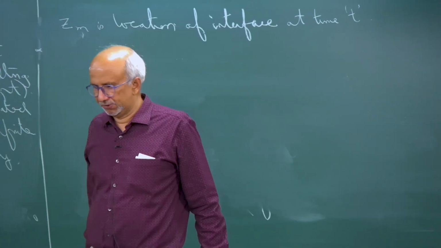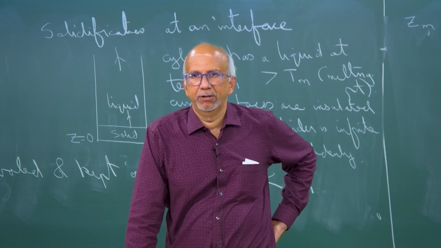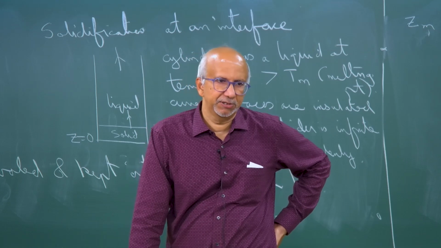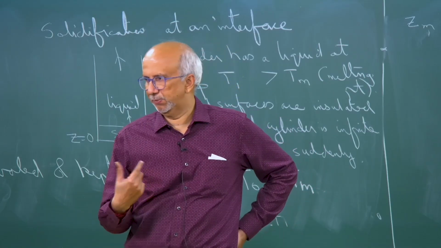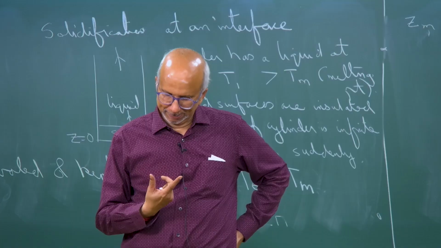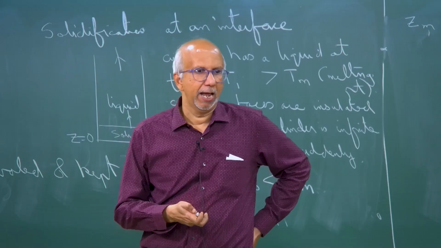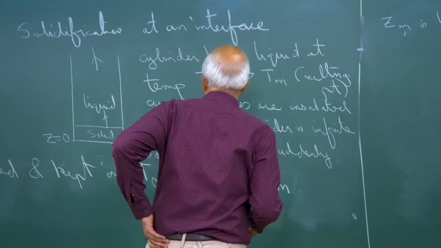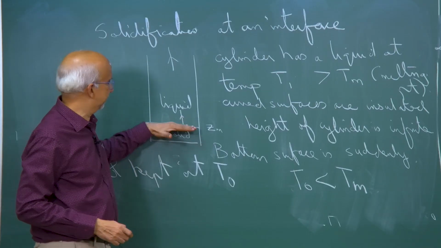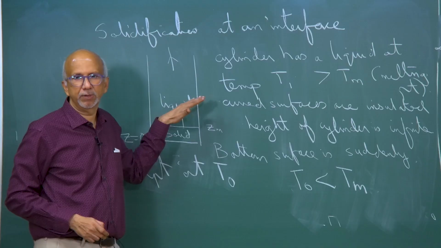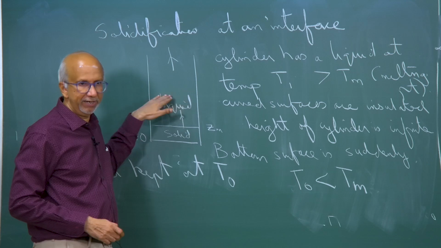Now, we are going to keep our life simple in the sense that we do not want to worry about a 3-dimensional problem. The only thing we are going to say is that first of all we are going to assume theta symmetry. So, you have only Z variation and R variation, and because this front is moving, because of the no-slip boundary condition, you will expect something like a radial profile.